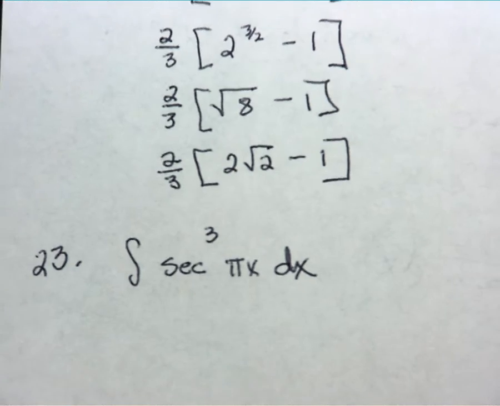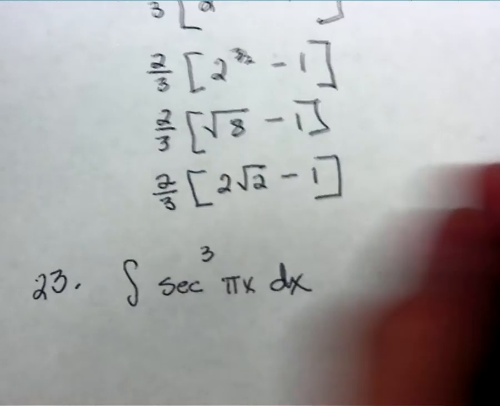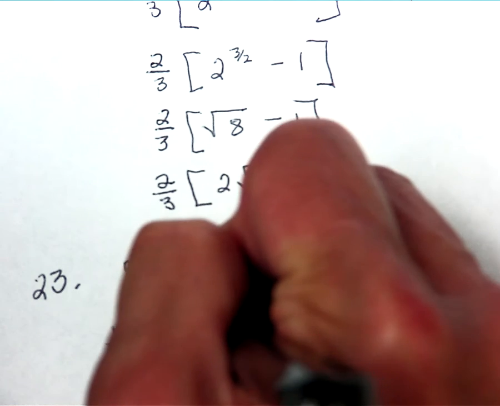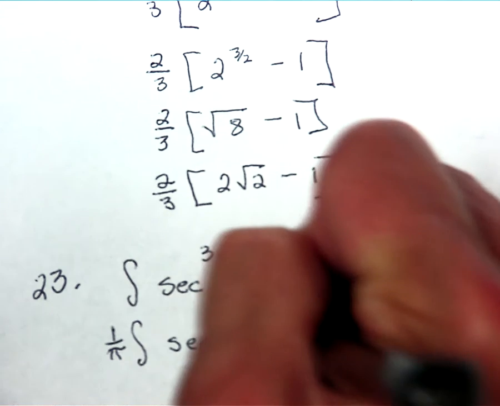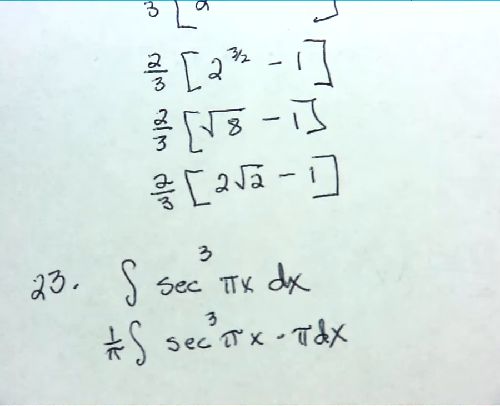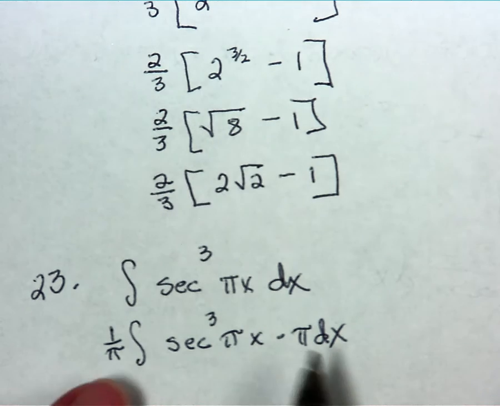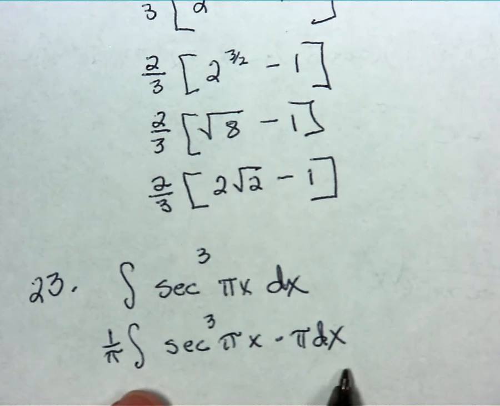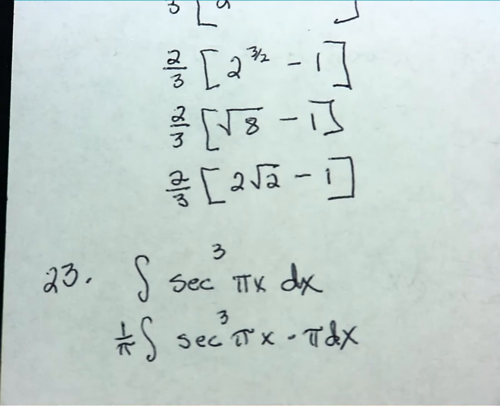I'm already wanting to write this as 1 over pi times secant cubed pi x times pi dx. And then I'll break apart the secant cubed however I have to, but I've taken care of this: this is secant, ugly, and that's the derivative, ugly, and that makes it equivalent to the line above it.